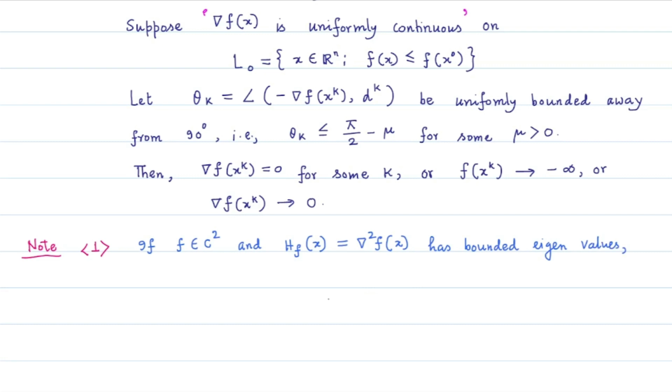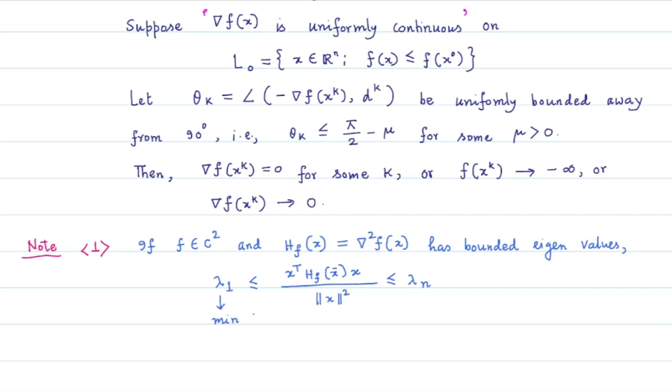Then by the Rayleigh quotient, we have lambda 1, the minimum most eigenvalue of the Hessian, less than or equal to x transpose H f(x bar) x divided by norm of x squared, for any given point x bar in L0 and a non-null vector x, which is less than or equal to the maximum most eigenvalue of the Hessians H f(x) for all the points x in L0.